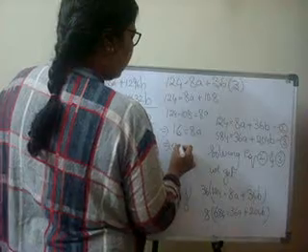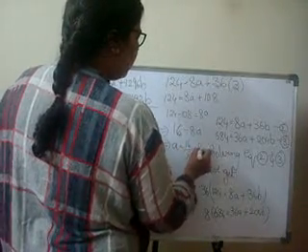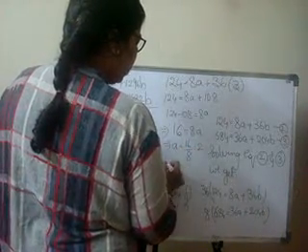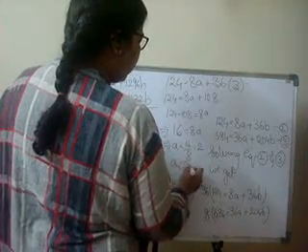Implies a is equal to 16 by 8, which is equal to 2. Therefore, a is equal to 2 is the answer.